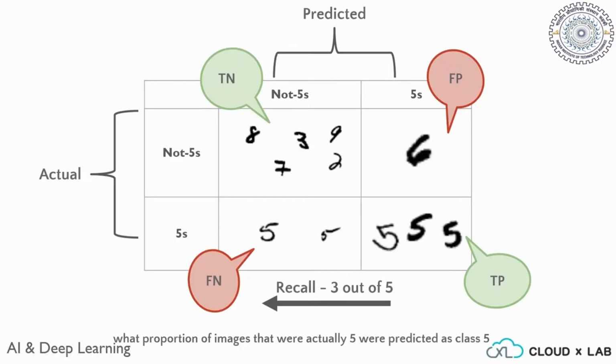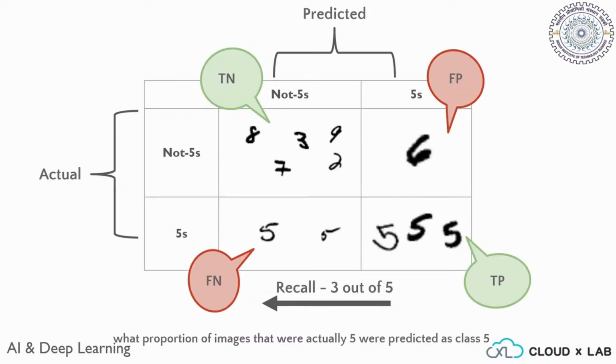Are both these measures equally important, or do we attach more importance to precision or one of these? It depends on the problem. Sometimes we will give more weightage to precision, sometimes more weightage to recall, and sometimes equal weightage to both precision and recall.